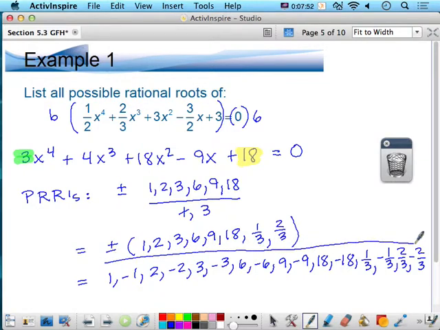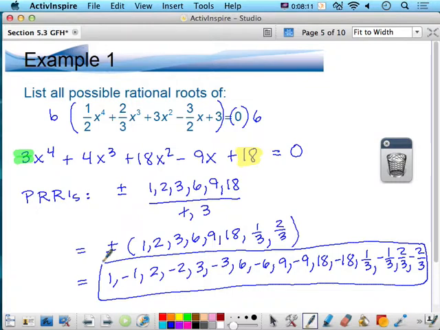Now what that means is that if that polynomial, p of x up there, has a rational root, it must appear somewhere in that list. And a little later on, we will talk about how to figure out which ones actually are roots or not.